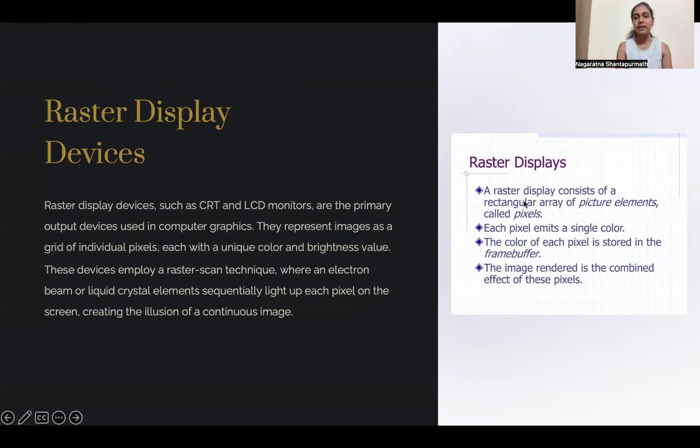The raster display consists of a rectangular array of picture elements called pixels, and each pixel emits a single color. The color of each pixel is stored in the frame buffer, and the image is rendered by the combined effect of these pixels.